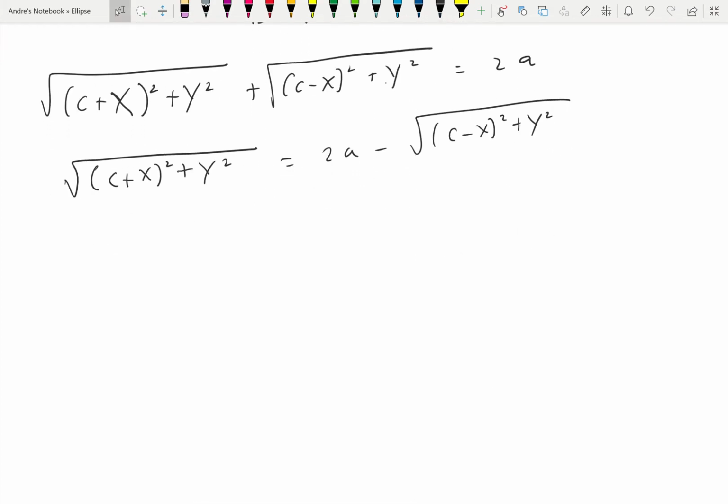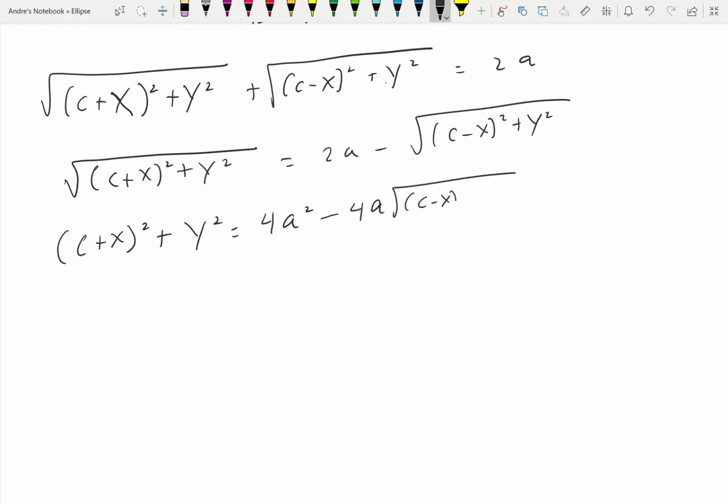We can square both sides to get (c plus x) squared plus y squared is equal to 4a squared minus 4a root (c minus x) squared plus y squared plus (c minus x) squared plus y squared.